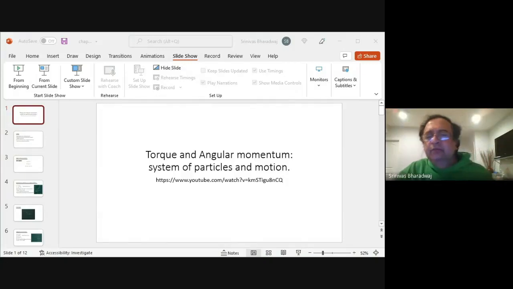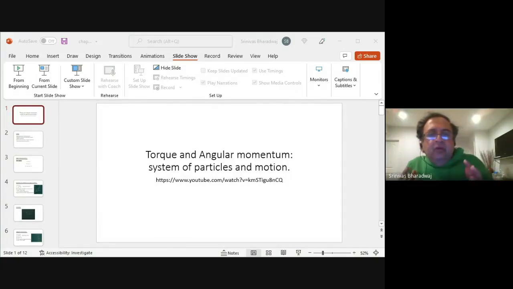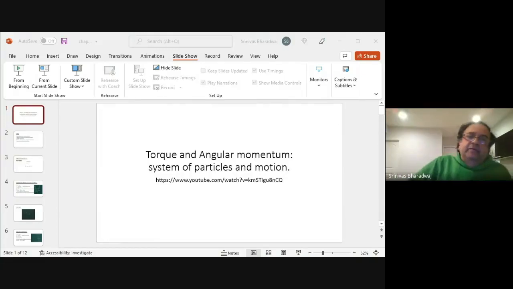Therefore he ends up with mg times k. Why do you end up with that? mg times k is in that direction. So the torque is the cross product. If you had a force in the xy plane and r in that same xy plane, the torque will be along the z axis. That's how he ends up with x times mg, and the direction is along k.